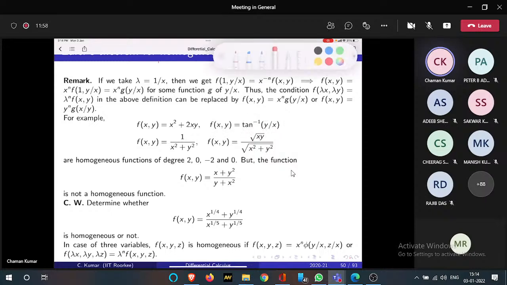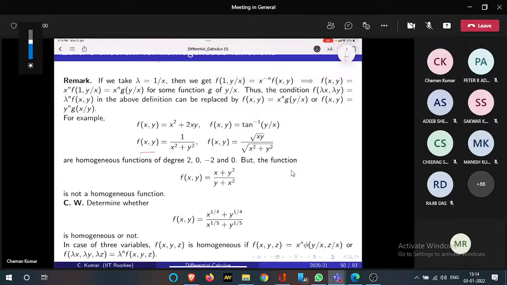The third one is a homogeneous function of degree -2. How do you do this? From the third one, you can take x squared outside from the denominator, so you have x squared times (1 plus y by x) whole square.